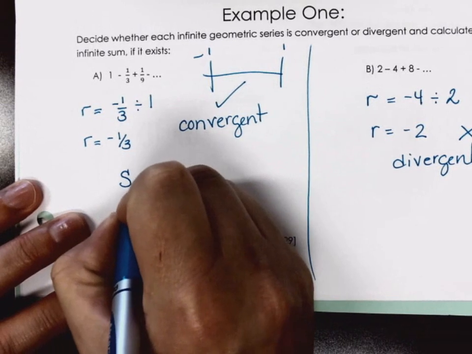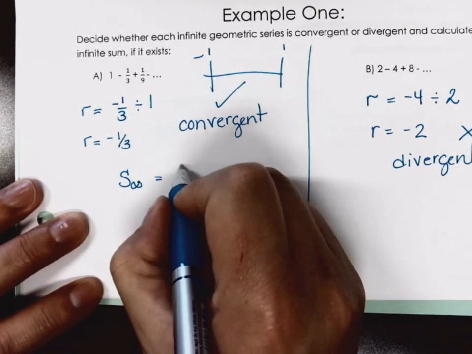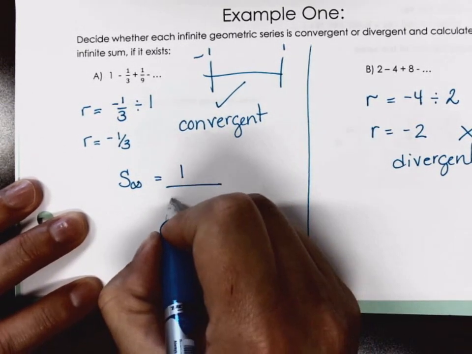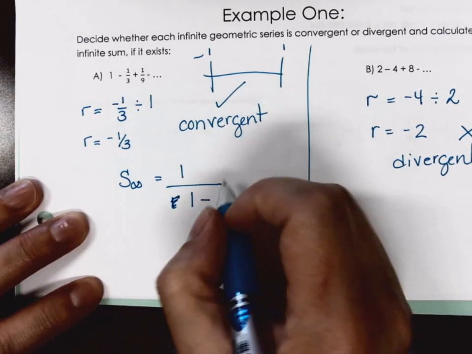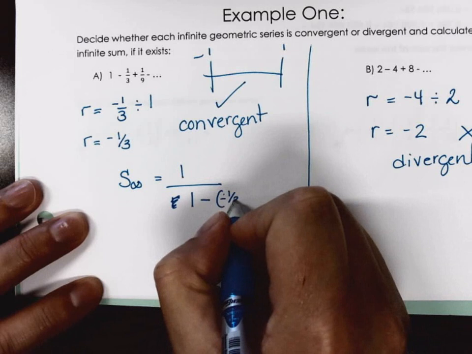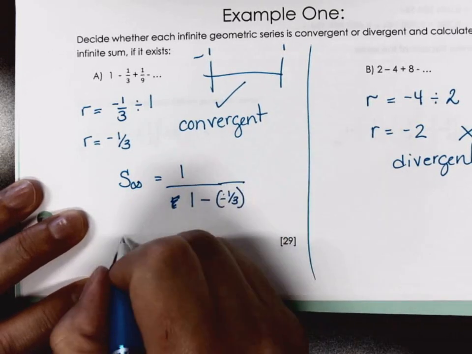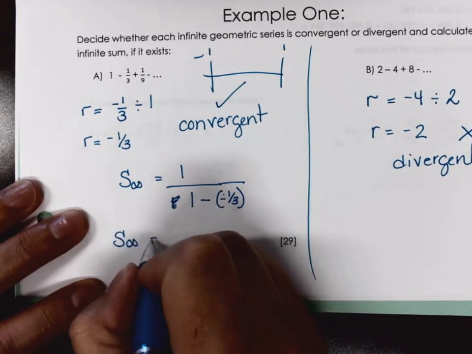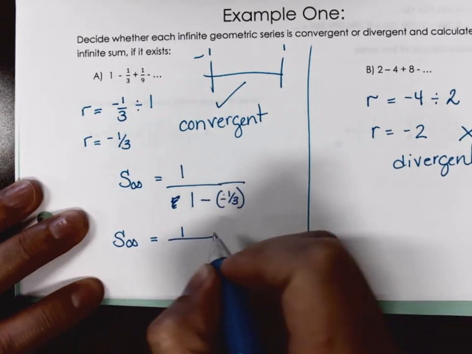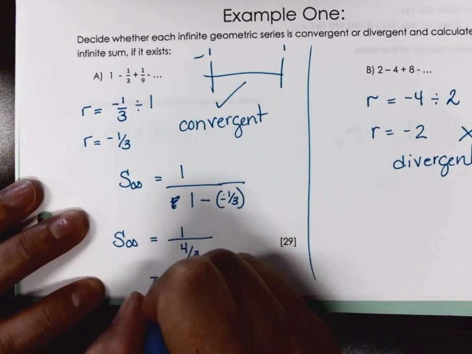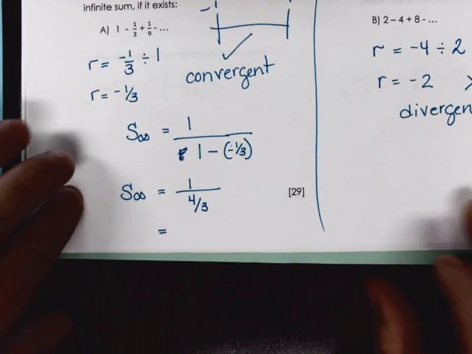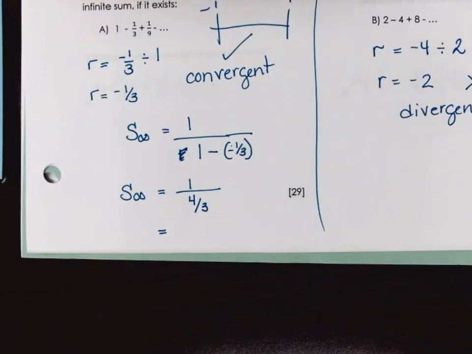So let's just dump this into the formula. T1 is 1, and then we have 1 minus R. I did a lot of math there and I didn't show you any steps.